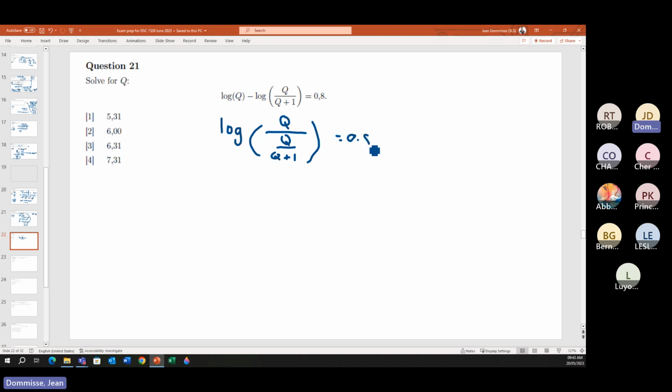Okay, so from your log rules, log of something minus log of another one, basically you can say log of the first one divided by the second one. But this now looks very difficult, so let's just look at it without the log. So it is q divided by q over x plus 1. Okay, so q over 1 divided by q over x plus 1.